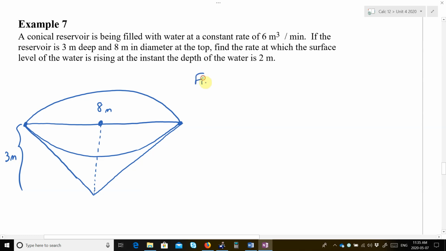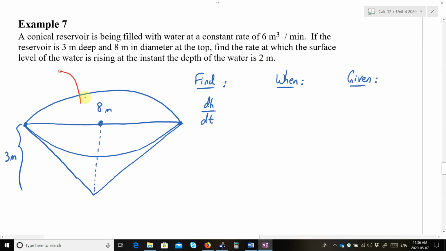So let's do our find, when, and given. Find the rate at which the surface level of the water is rising at the instant the depth of the water is 2 meters. So we want to find dh/dt.